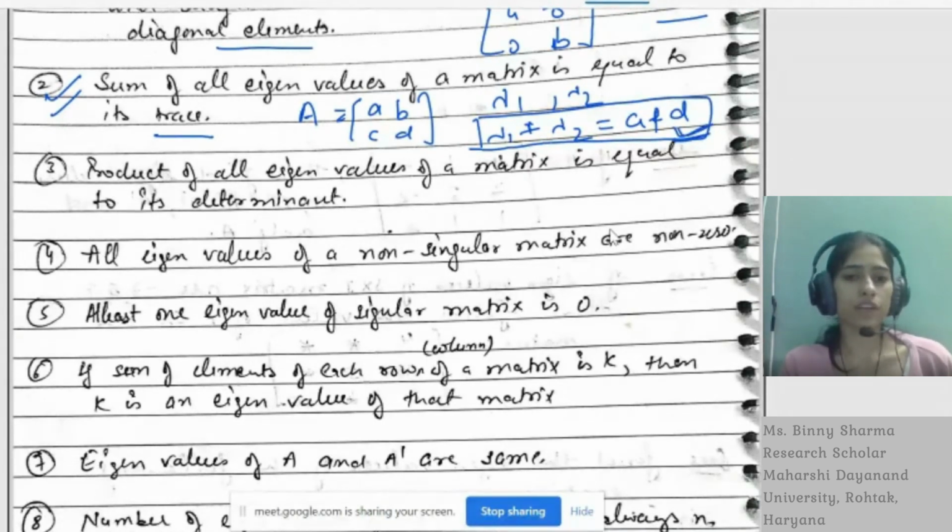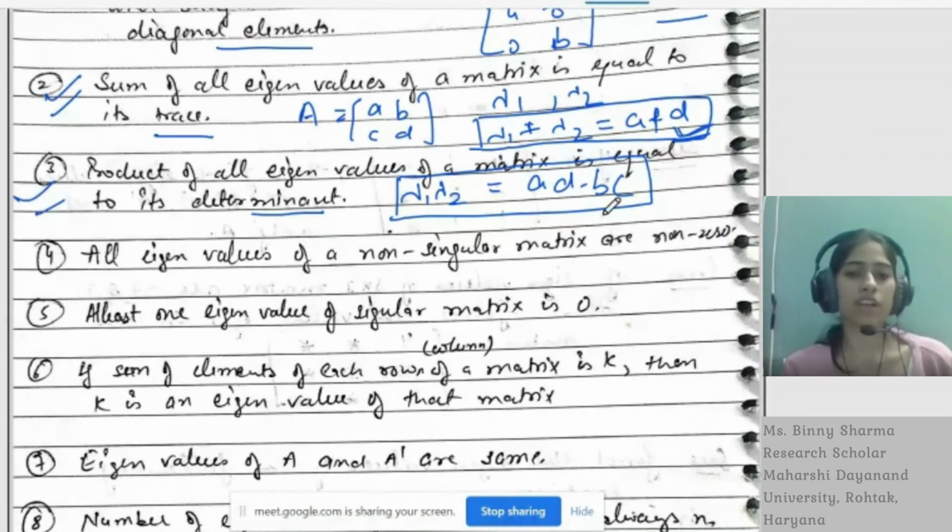So the sum of eigenvalues is equal to the trace of the matrix. The third result is that the product of all eigenvalues of a matrix is equal to its determinant. From the above example, if lambda 1, lambda 2 are the eigenvalues and the determinant of the matrix is ad minus bc, then lambda 1 times lambda 2 equals ad minus bc.